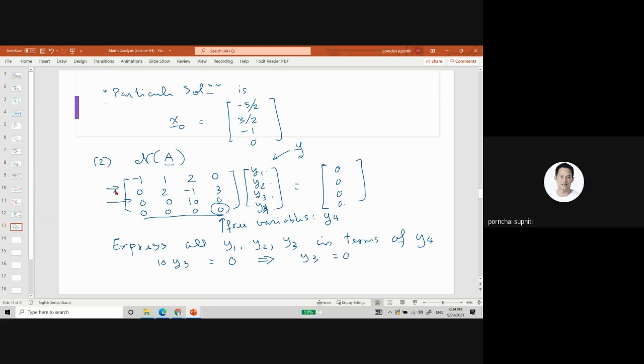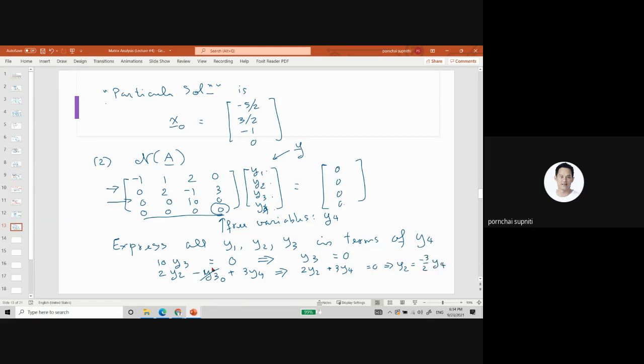If I look at line 2, I have 2 times y2 minus y3, which is 0, plus 3y4. So this is 2y2 plus 3y4 equal to 0. So I have y2 is equal to minus 3/2 y4.